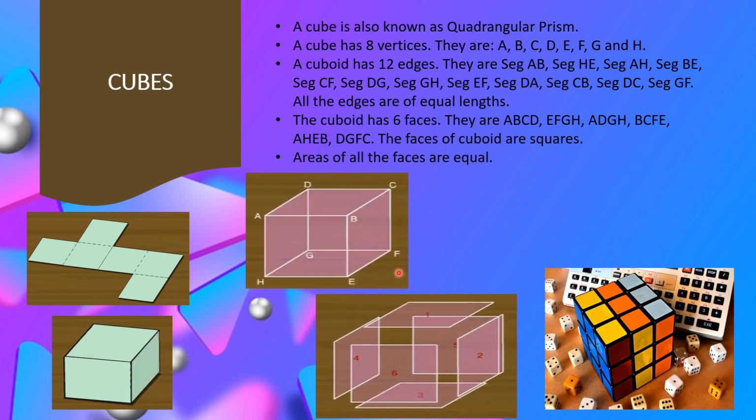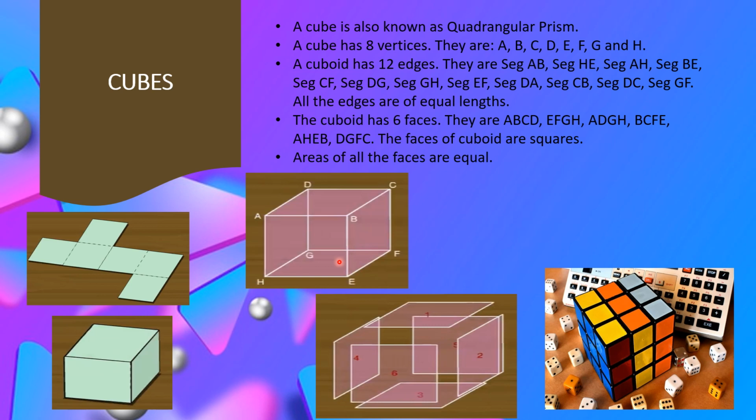Now a cube has 8 vertices. They are A, B, C, D, E, F, G, H. Over here in this diagram, whatever name you give, depending on that you have to write the vertices names. It has 12 edges. Edges are corners like segment AD, segment AB, segment HE, segment AH, segment BE, segment CF, segment DG, segment GH, segment EF, segment DA, segment CB, segment GF.